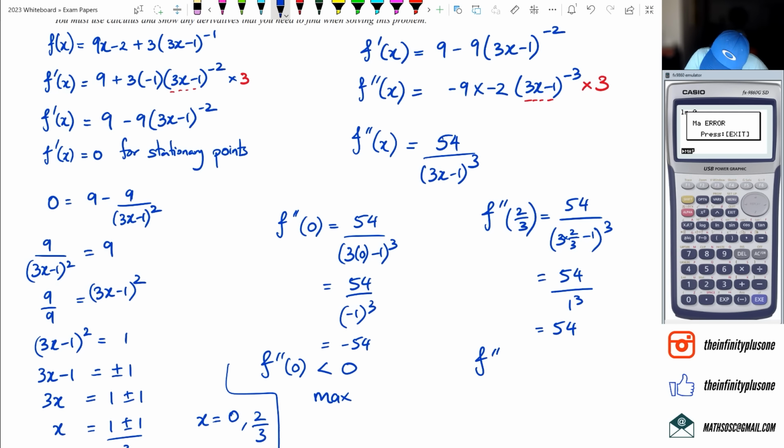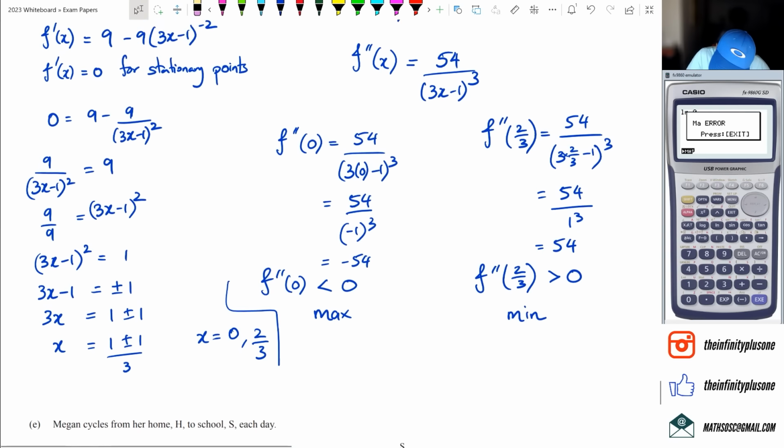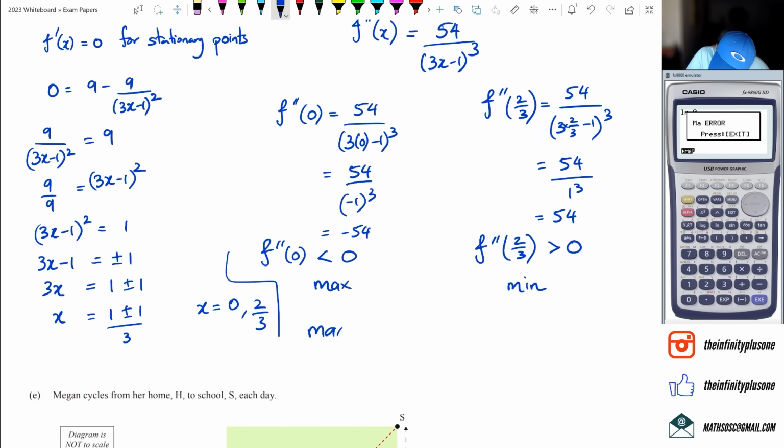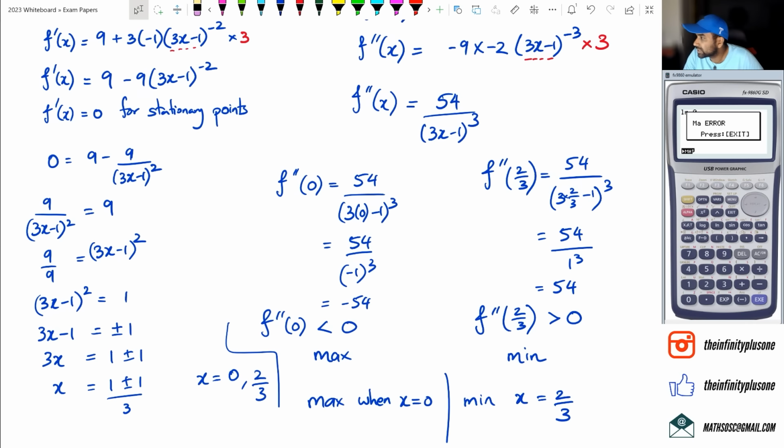And because f''(2/3) is greater than 0, we can say that this is a minimum. So pretty much what we're going to say is max when x equals 0 and minimum when x equals 2/3.